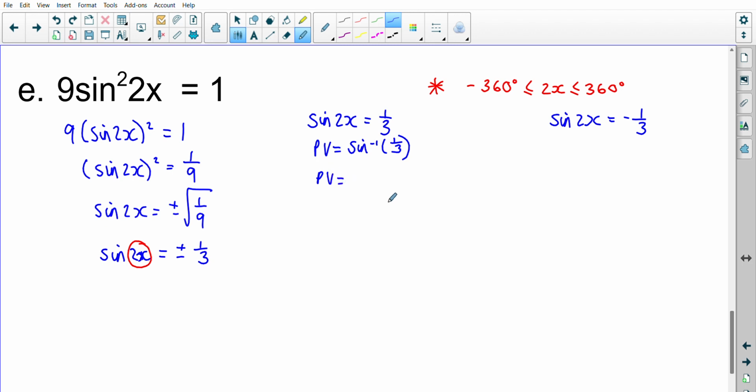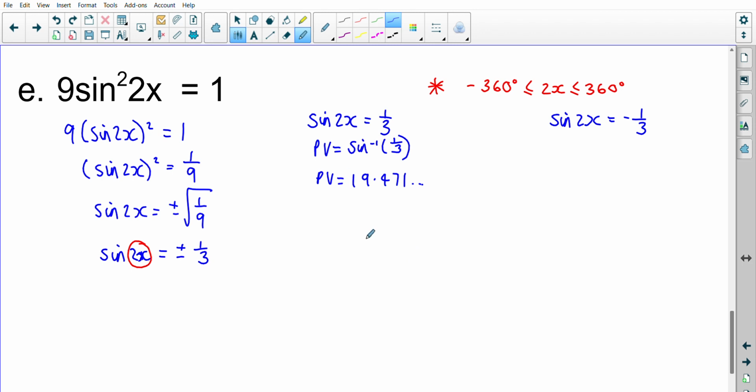Okay, so I'm going to jump this one slightly because it is the same as everything we've been doing. So the principal value is 19.471 for the third one.